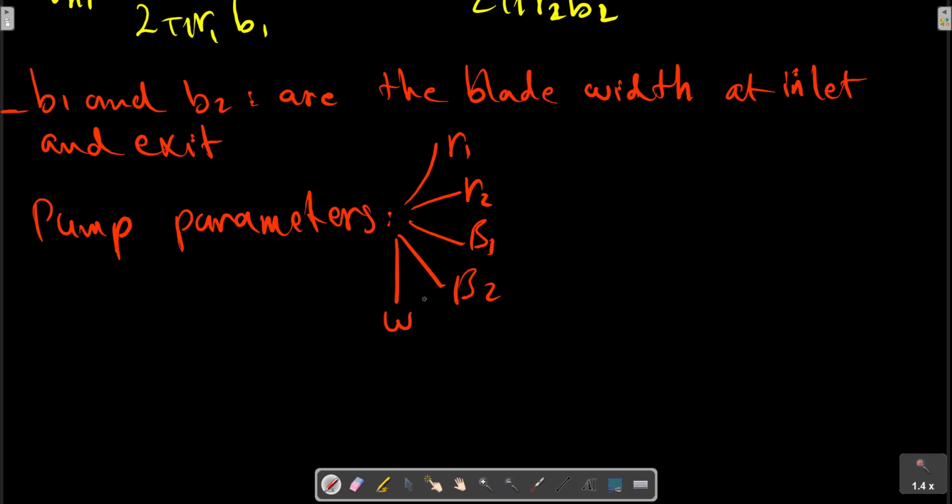The design flow rate Q is commonly estimated by assuming the flow enters exactly normal to the impeller.